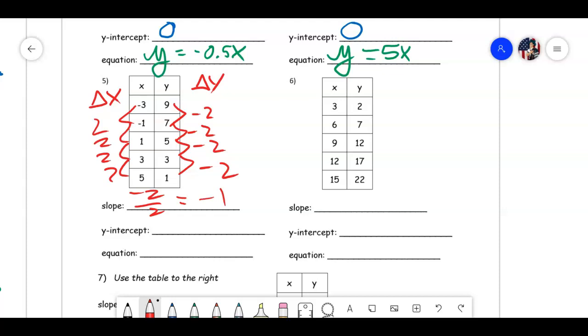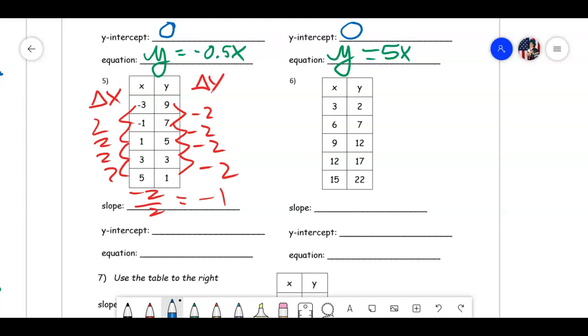Now, the y-intercept. This is very important. So, the 0 is not above the table this time, right? 0 is between which two numbers on the x table? Between -1 and 1, between negative and positive numbers is 0, right?